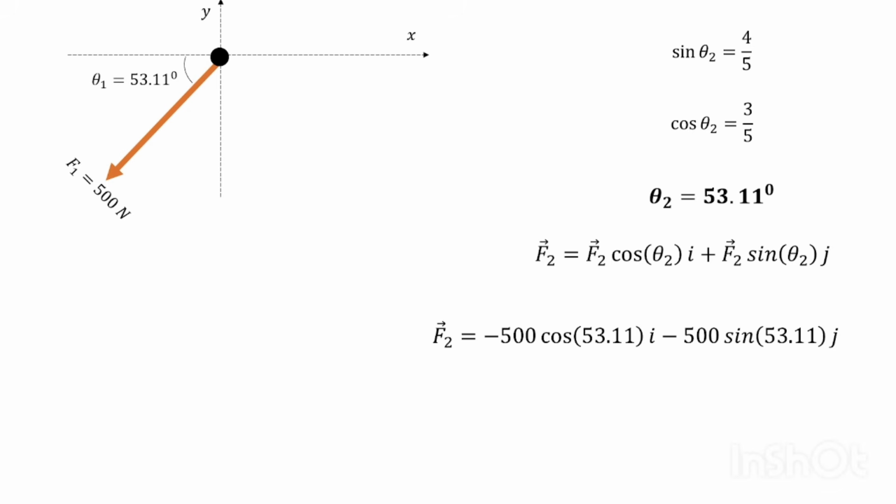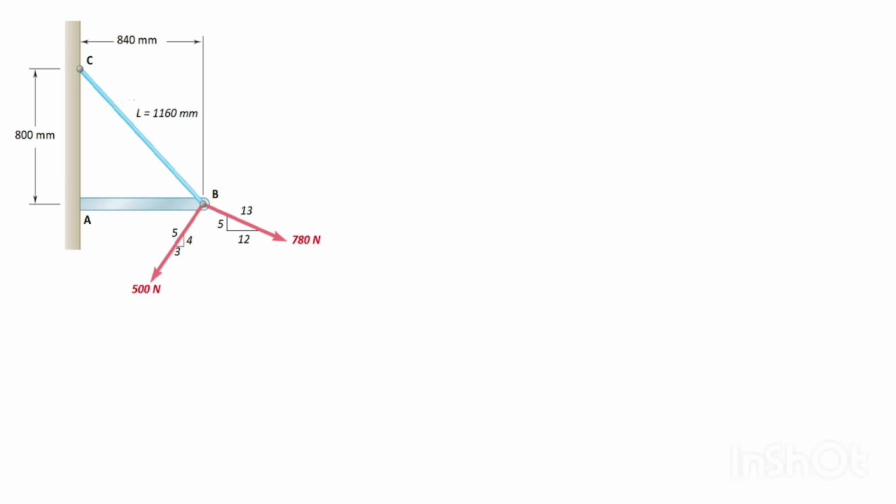And if you do the same for the y-axis, if you resolve to the vertical axis, it's going to be pointing downwards. That's why we have negative values for both the x component and the y component. If we evaluate this further, we have our force F2 in its component form to be equal to minus 300i minus 400j. So basically, the last part of this problem is the one that requires the tension.